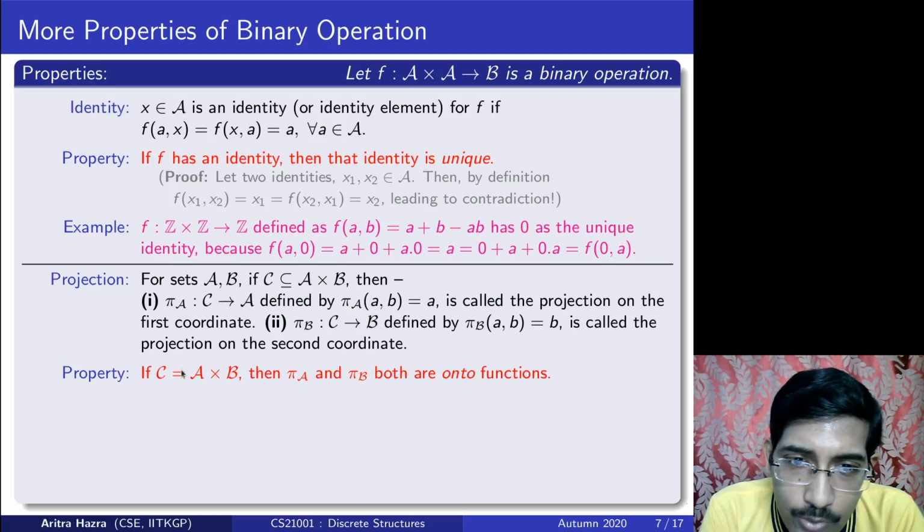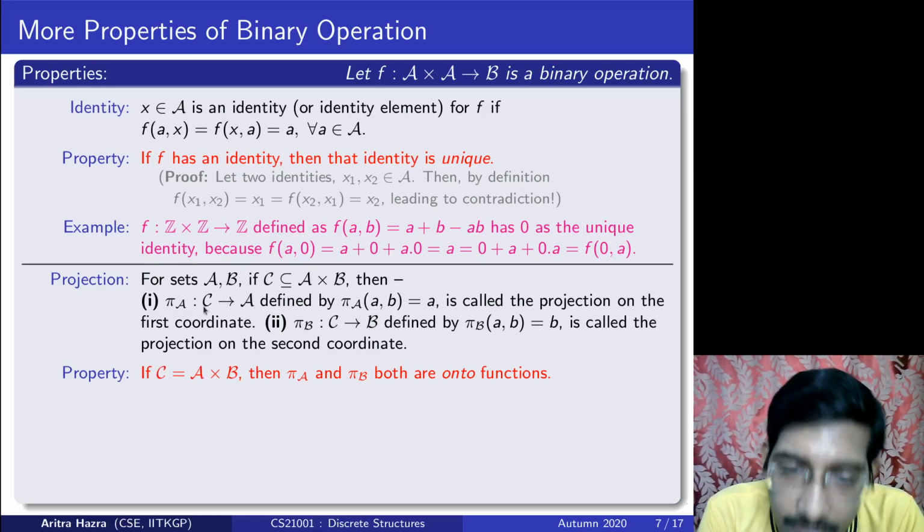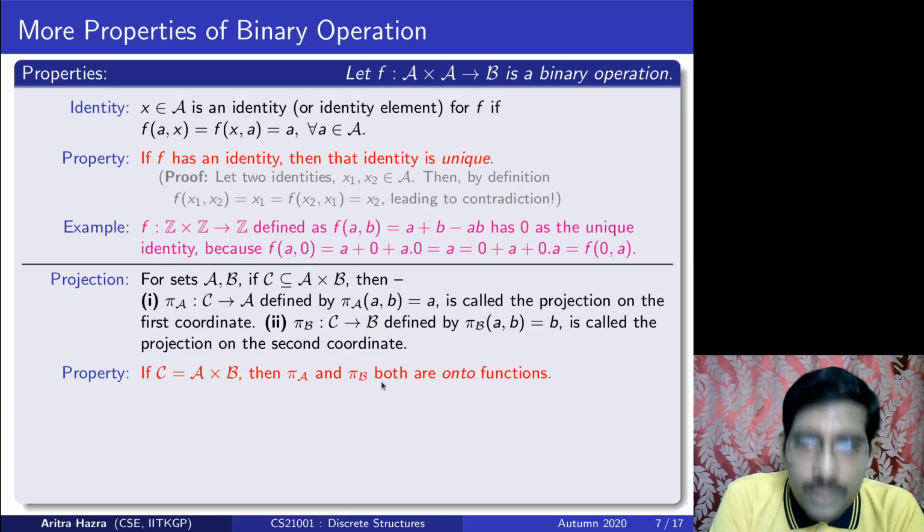Since C equals A cross B, it has all possible pairs of a and b. So for any element a, I will definitely have an element whose first coordinate is a, and therefore pi A is onto. Similarly for pi B as well.